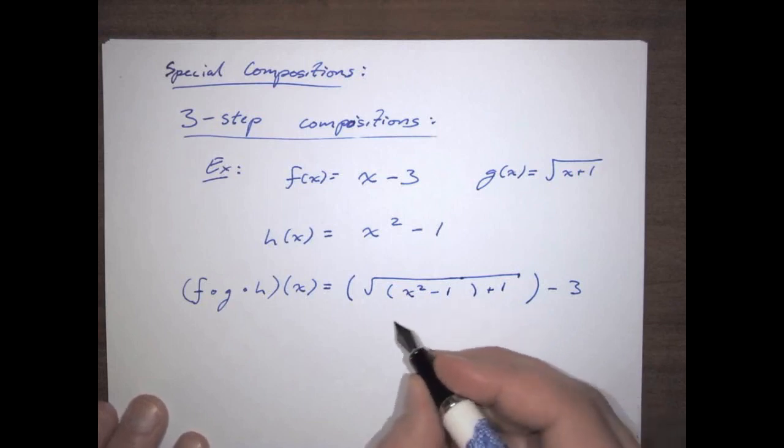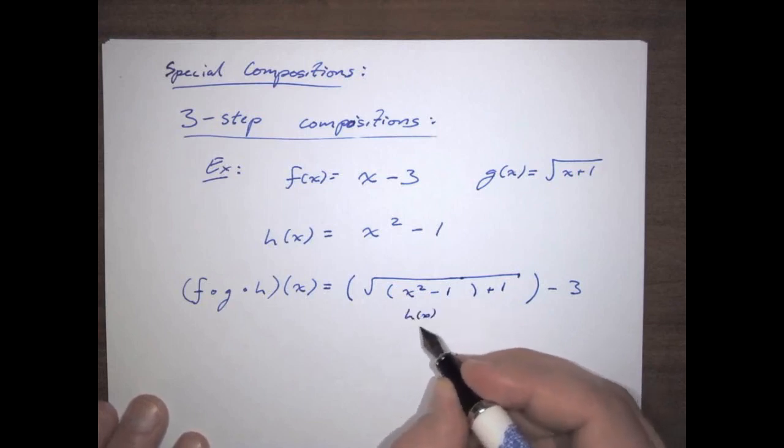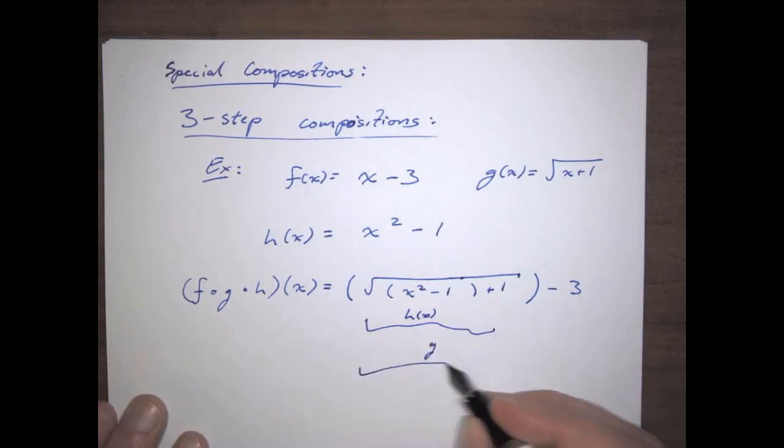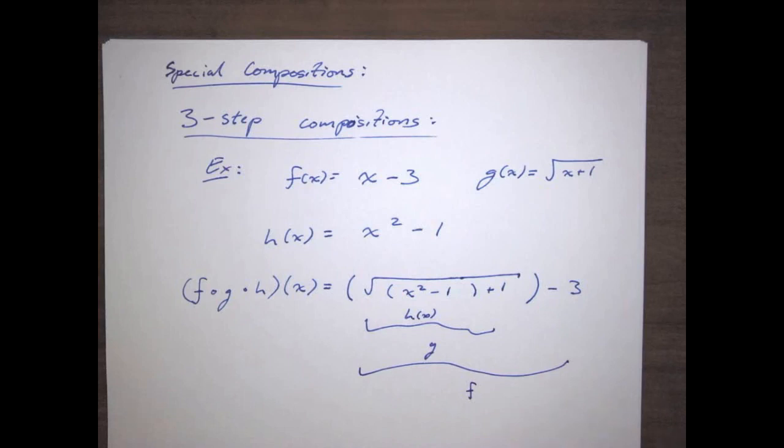So the layers here, we have h of x, we have that inside g, and we have that inside f. So we take h of x, we put that in for the input of g, and then we take that and we put that in for the input of f.